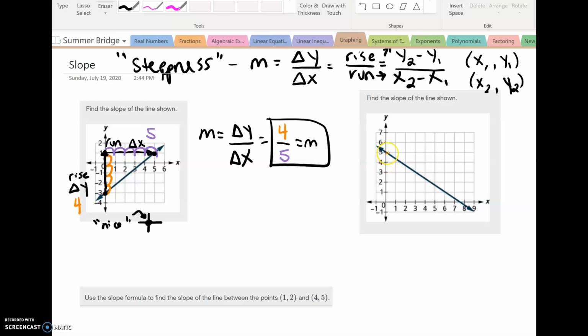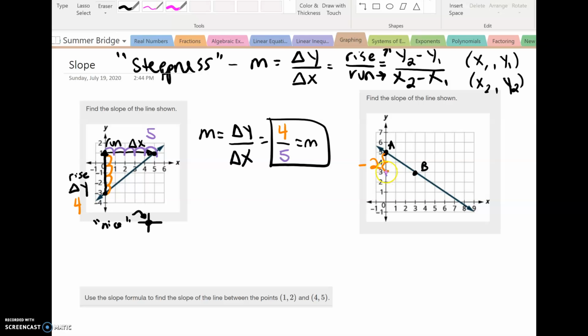I have a nice point right here. And let me see where my other nice point is. I have another nice point right there. So to get from point A to point B, I have to go down 1, 2 units. So I'm going down 2 units because I'm no longer going up. It's in the opposite direction. I need a negative.